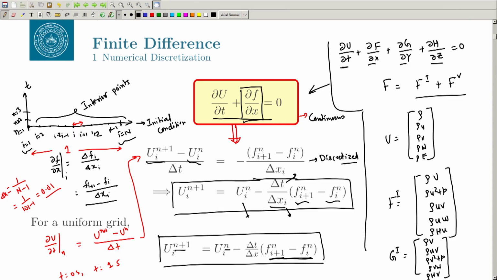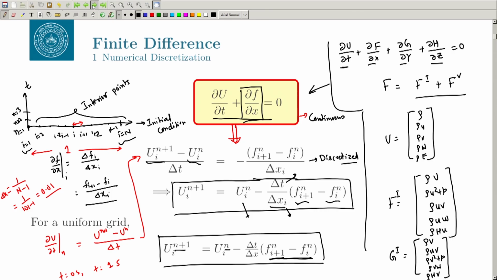So, you write the f at I in terms of a Taylor series, with I plus 1 or I minus 1, and try to get the value of del f by del x at I, del 2 f by del x square at I, del 3 f by del x cube at I. And we assume that these functions are infinitely differentiable. So, even the truncation error, which is basically the error when you discretize this continuous function into a discrete form, will be available.